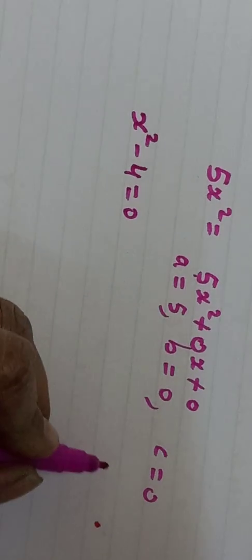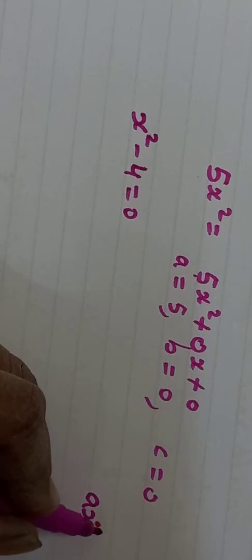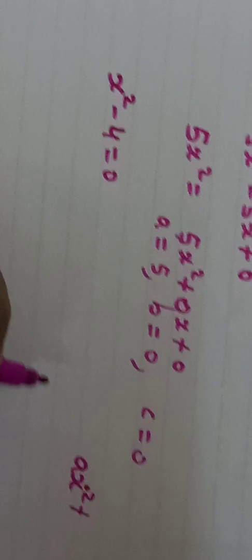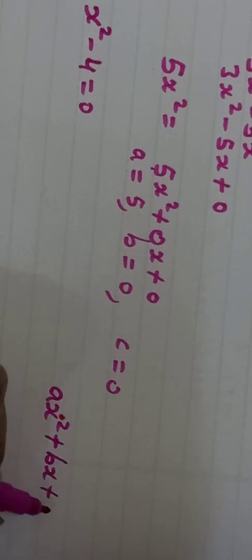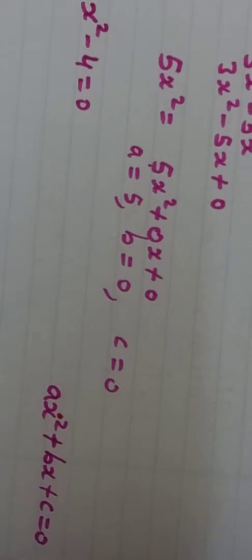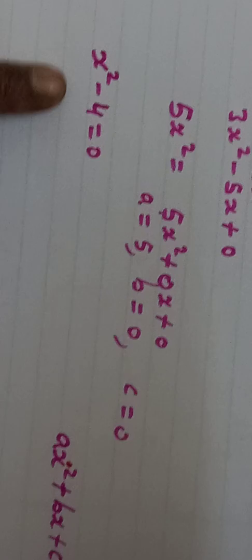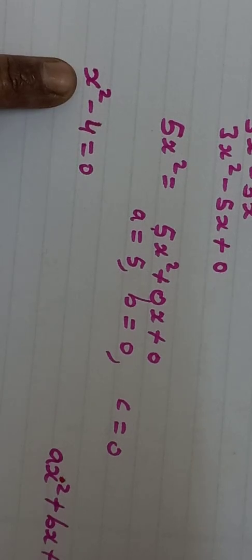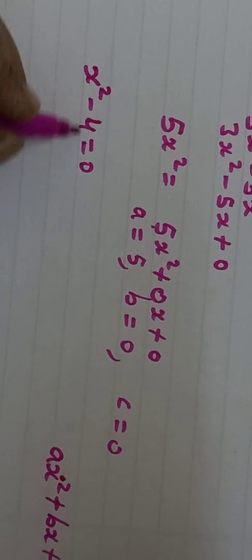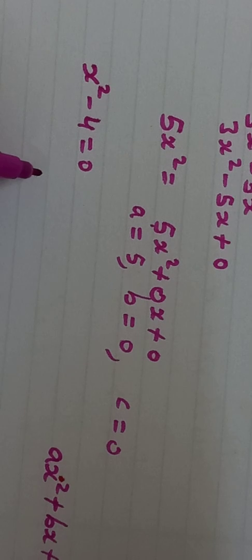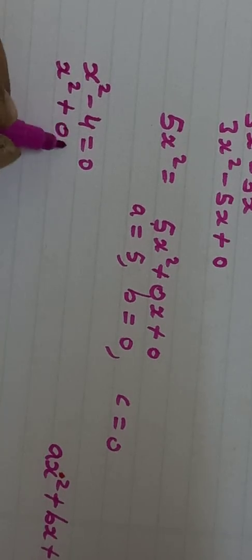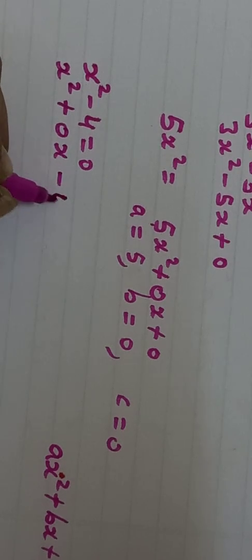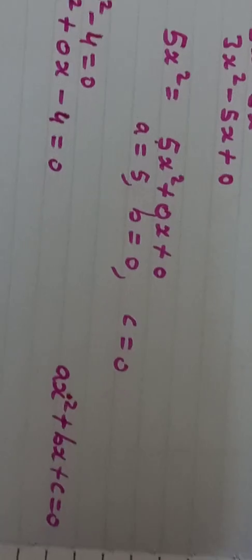Now general form, what we studied, it is ax square plus bx plus c is equal to 0. So which term is missing? Here x square minus 4 means first term is given, third term, only constant term is there. Middle one is missing, so we can write it as x square plus 0x minus 4 is equal to 0.